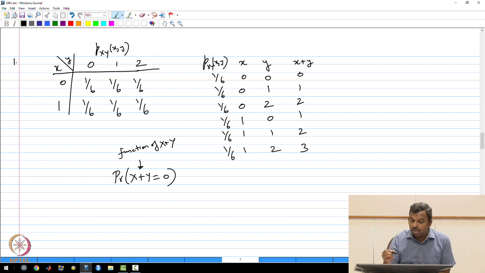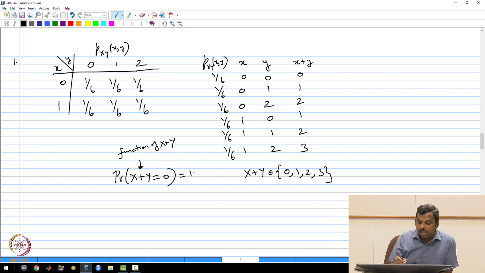From this table you can see that x plus y is another random variable, and it takes four values: 0, 1, 2, 3. Okay, so I know that for sure. Now I can ask the question, what's the probability that x plus y is 0? In this table you see 0 occurs only in this first position, and that occurs with probability 1 by 6. So it's quite easy to read out.